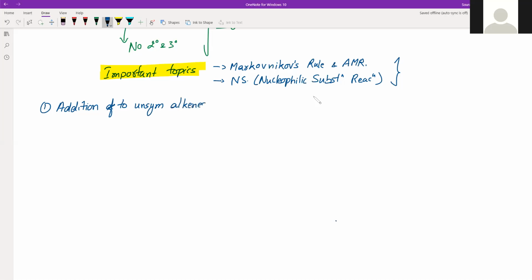What exactly is addition? Addition of things like HX, that is an asymmetrical compound, to asymmetrical or unsymmetrical alkenes.